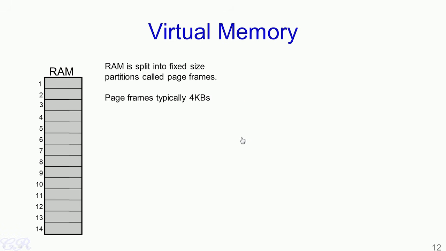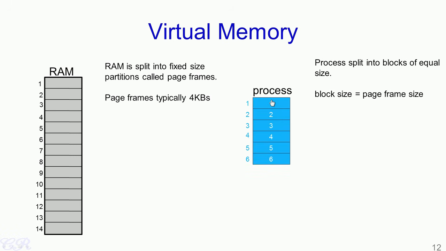In a similar way, the process which executes in the CPU, or the process map corresponding to the process, is also split into equal sized blocks. The split is such that the block size of a process is equal to the page frame size.